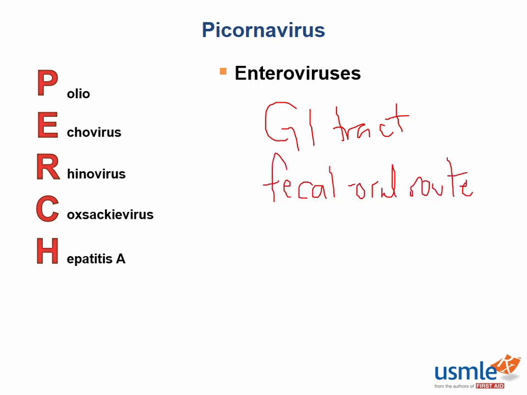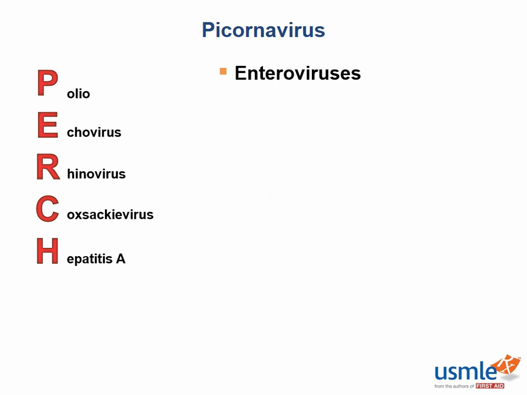In addition, something that is common for polio, echo, and Coxsackie virus is that they can cause an aseptic meningitis. Now, do you remember what the term aseptic meningitis means? Speaking broadly, aseptic meningitis is a term to describe inflammation of the meninges of the brain that is not caused by a bacteria.